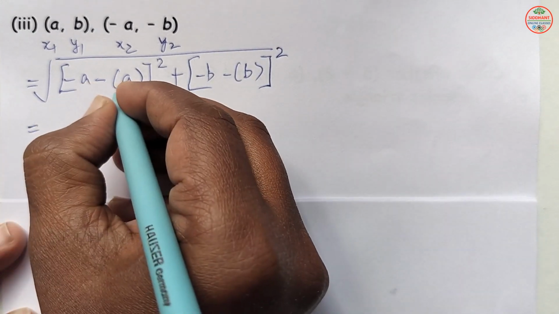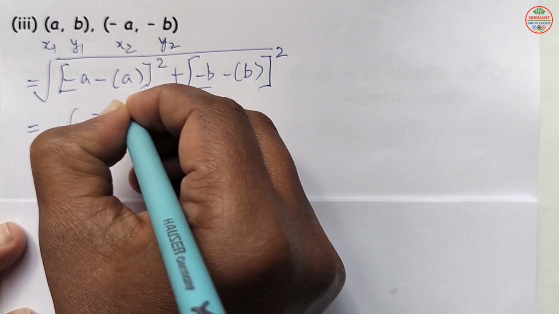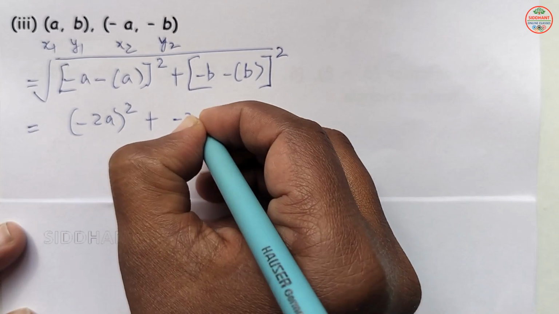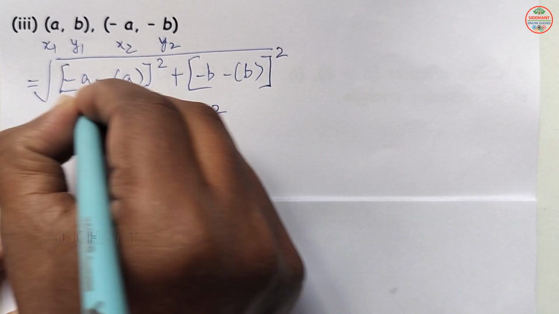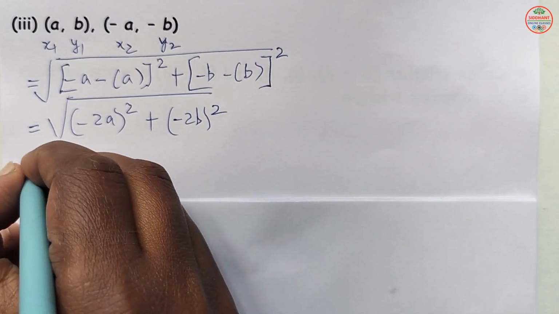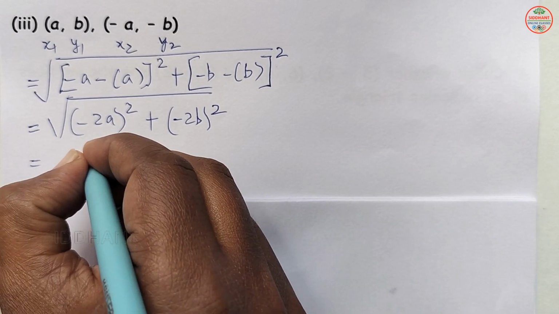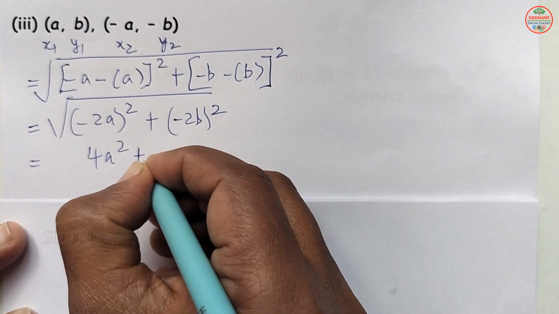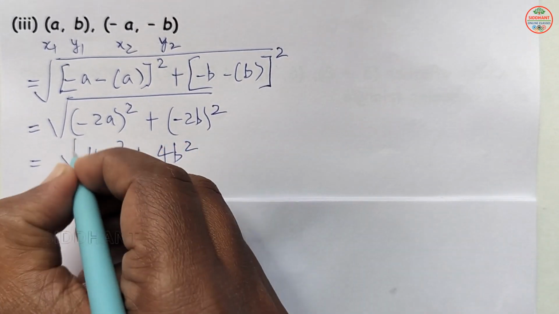So minus a minus a will be minus 2a, whole square, plus minus b minus b, minus 2b, whole square, under the square root. So that will be the square root of 4a square plus 4b square.